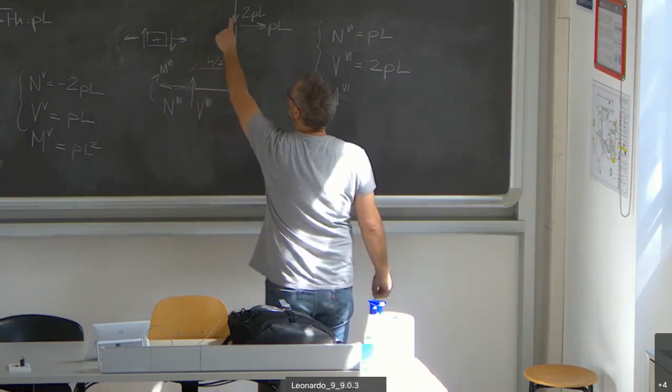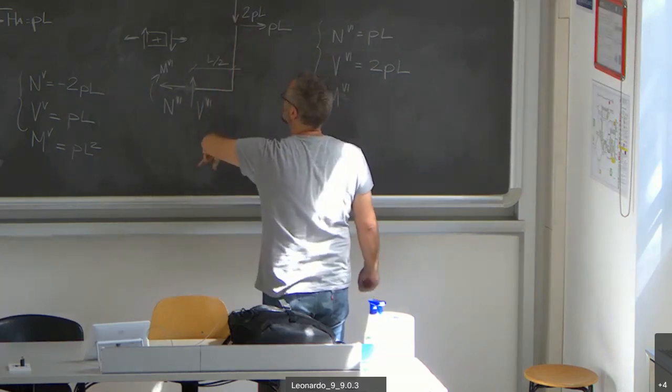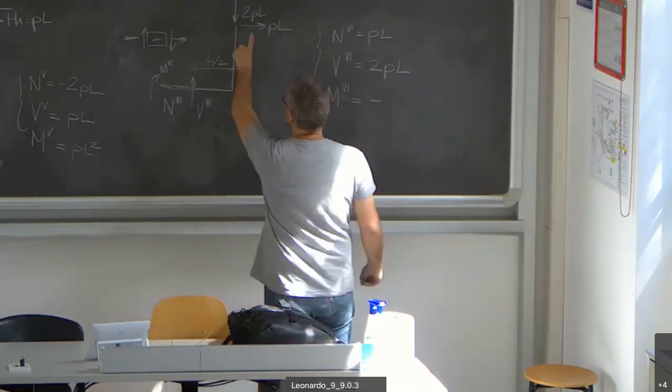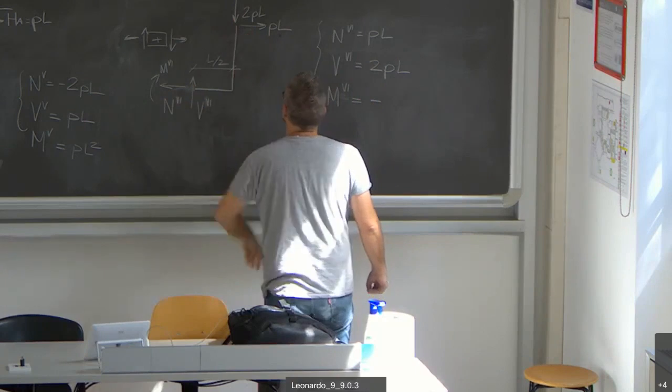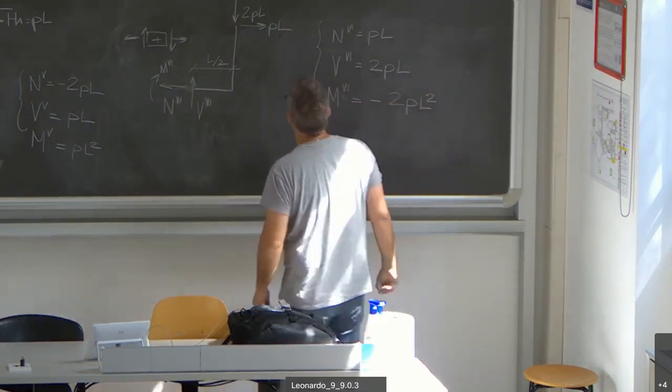This is clockwise with respect to this point, so this will be negative: minus PL squared, and PL squared minus 2PL squared.